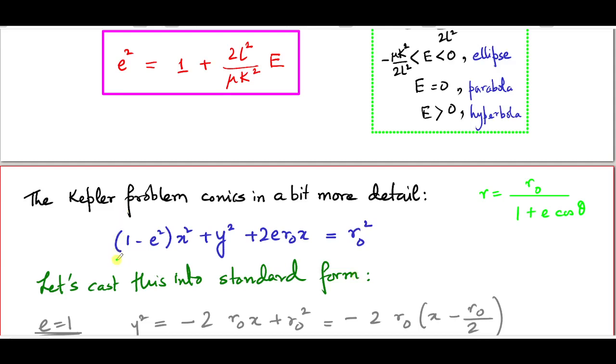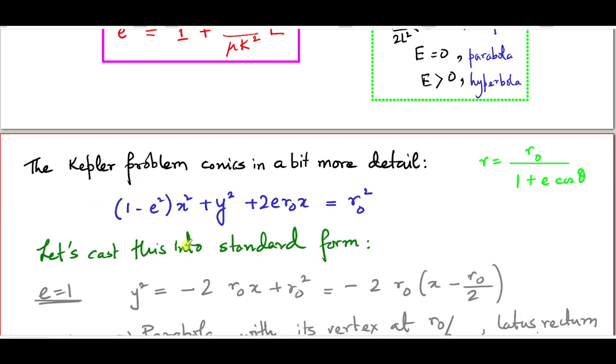The parabolic case where e is 1 is special because in that case the term involving the quadratic in x just drops out and you end up with the equation y square equals minus twice r0 into 1 into x plus r0 square, which we can recast into the form minus 2r0 into x minus r0 by 2.